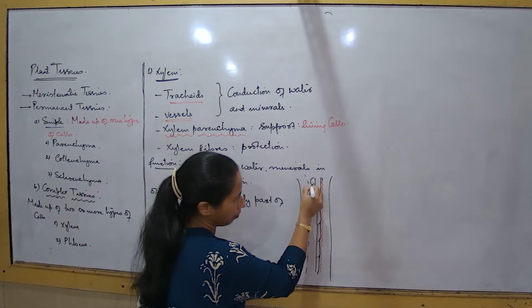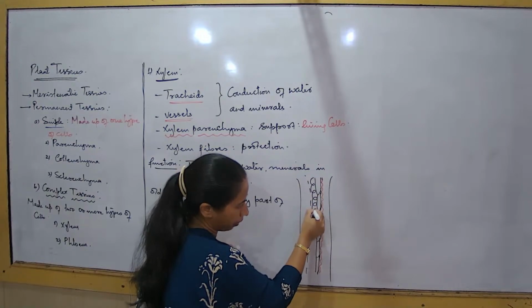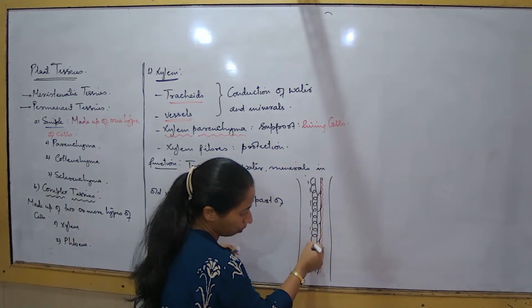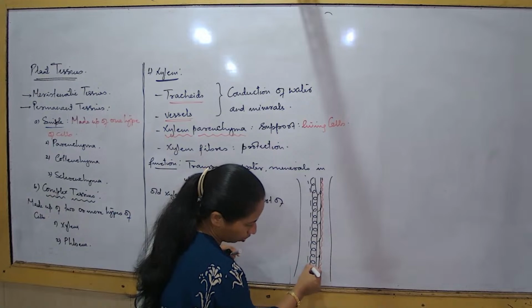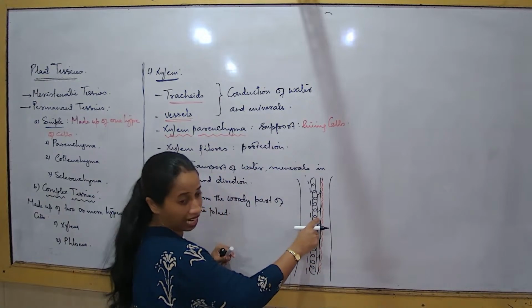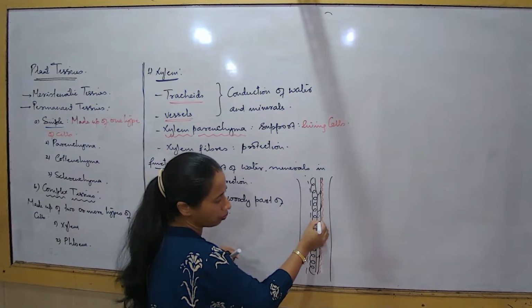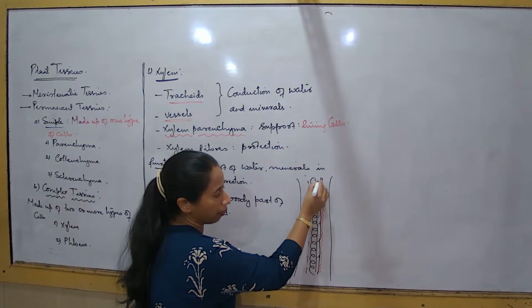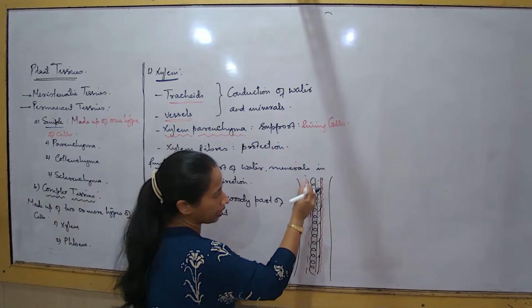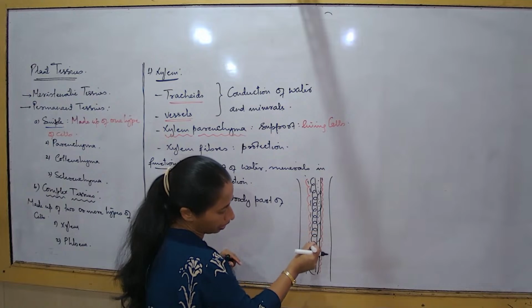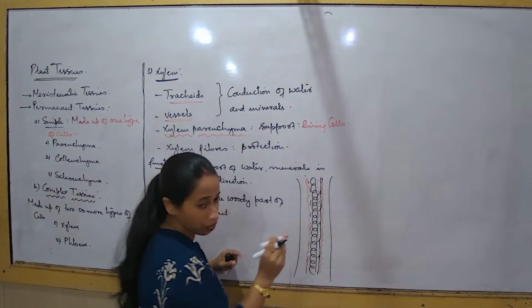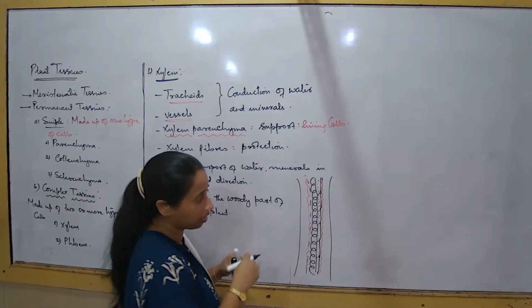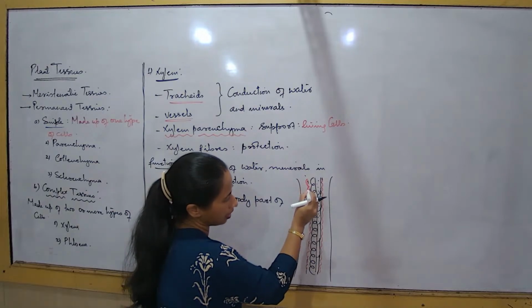Then there will be some arrangement of cells like this, spirally arranged tube-like structures known as the vessels. These are tracheids, and they have some pores through which the conduction happens. Then again the parenchyma on either side. I'm just drawing lines, which are nothing but a group of cells, a cellular arrangement.